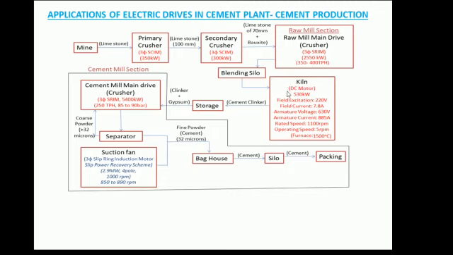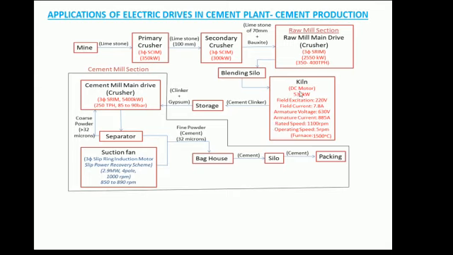This DC motor drive has a power rating of 530 kilowatts with a field excitation of 220 volts and a field current of 7.8 amps. This is about the field side. Coming to the armature side, the armature voltage is 630 volts and the armature current is 885 amps. The rated speed of this DC drive is 1100 rpm and its operating speed is 5 rpm.